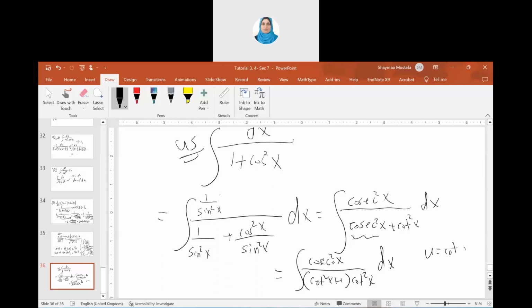Now take u equal to cotan x. Then du is minus cosec square x dx, and then you can continue. So this is for 45b.